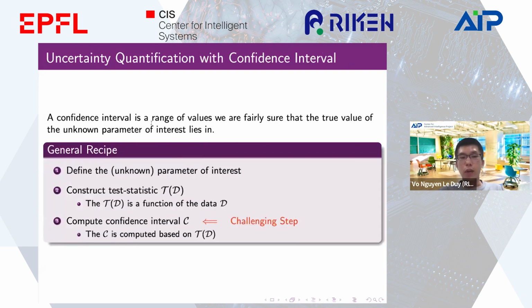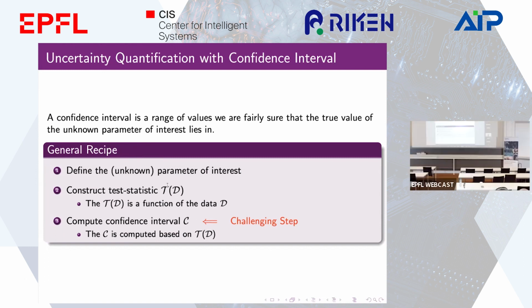The confidence interval is well known as a fundamental approach for reliability quantification in science. A confidence interval is a range of values in which we are fairly sure that the true value of the unknown parameter of interest lies. These are the general recipes for constructing a confidence interval. First, we need to identify the unknown parameter of interest.